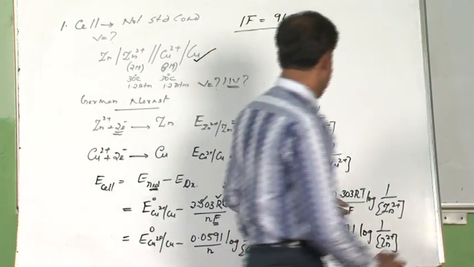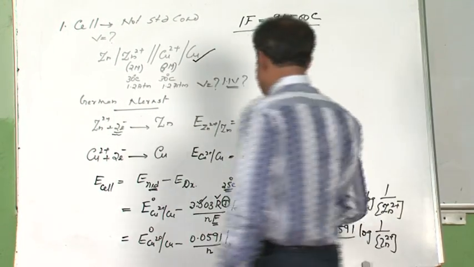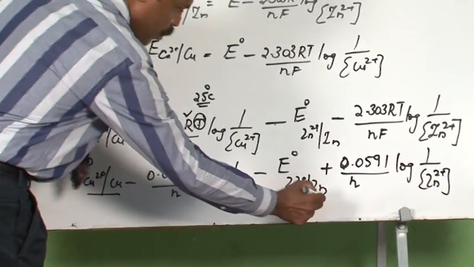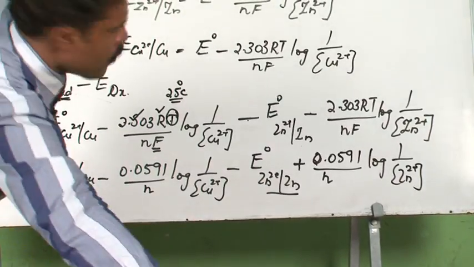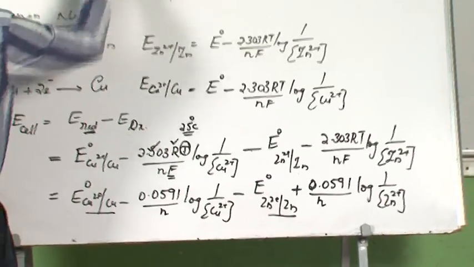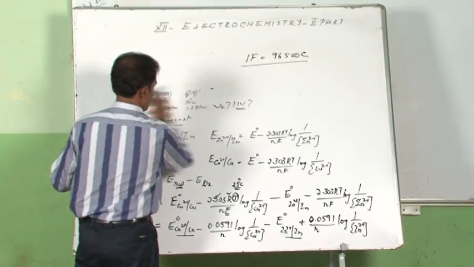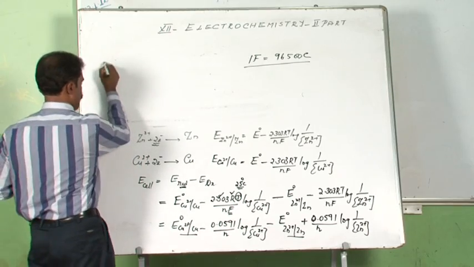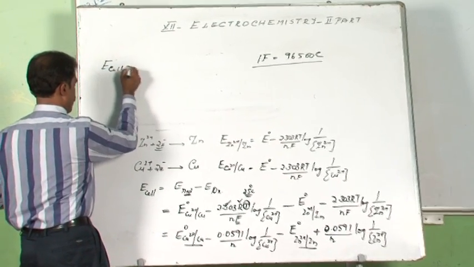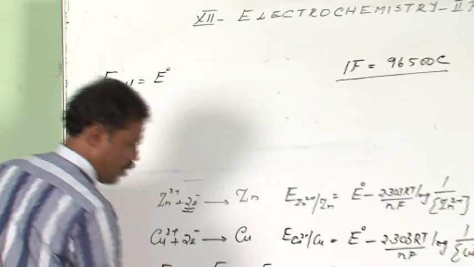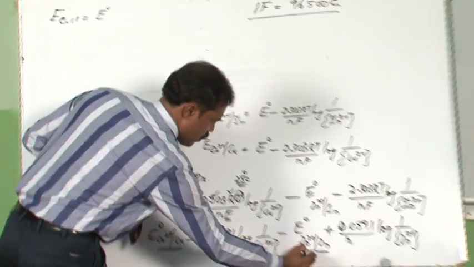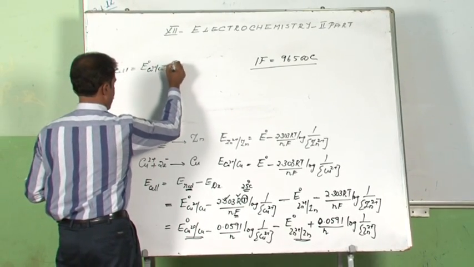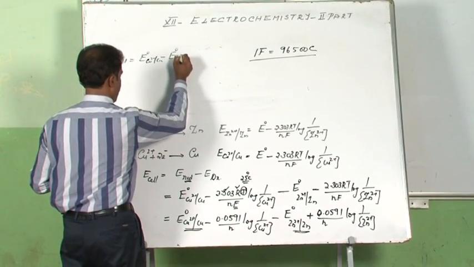Let's simplify this expression. We can take E0 of Cu2+/Cu and E0 of Zn2+/Zn together. So E of cell will be E0 of this part minus this part, E0 of Cu2+/Cu minus E0 of Zn2+/Zn.